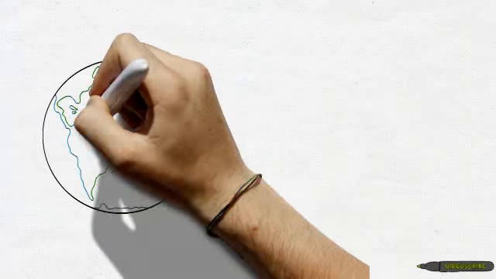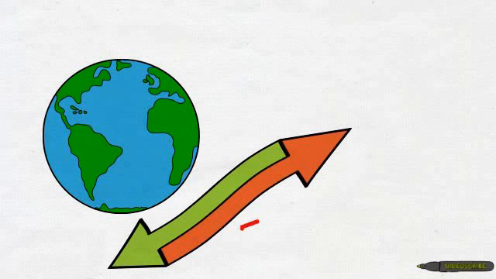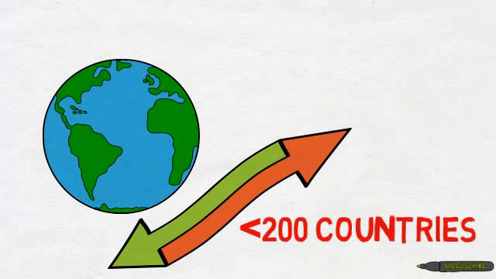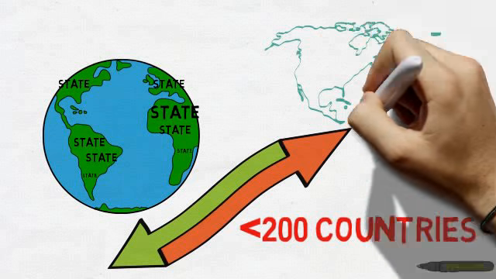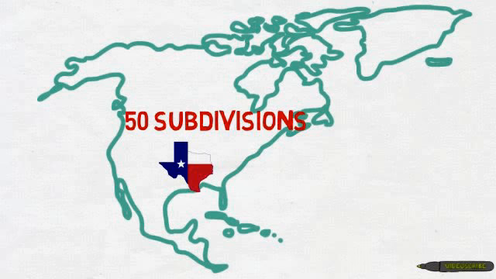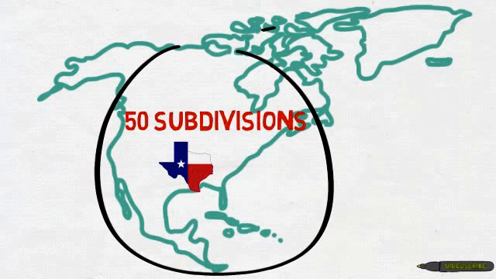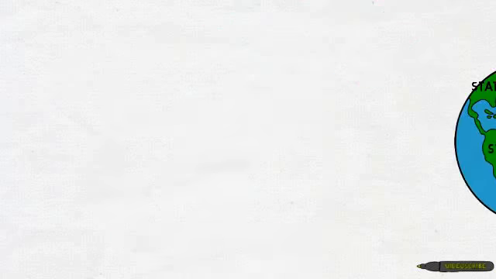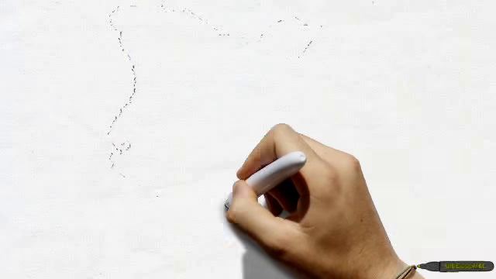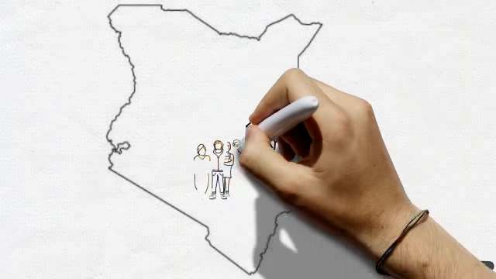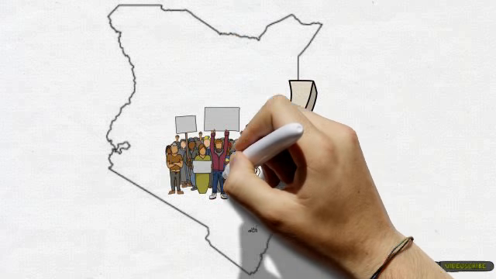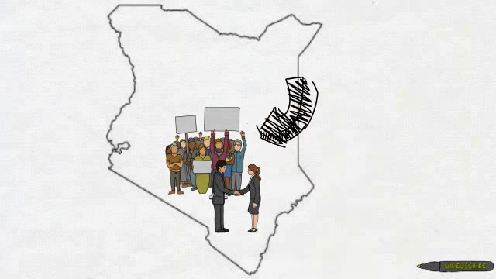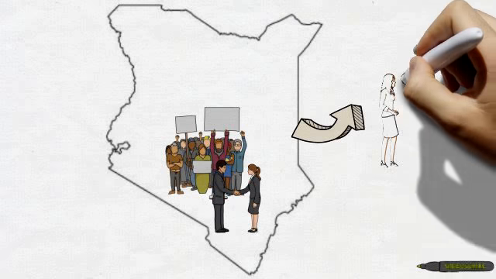The Earth is divided among just under 200 countries. These countries are more correctly termed as states. In the U.S., we have 50 subdivisions called states, even though they are part of one state. A state is any area that regulates their own internal and external affairs in a particular piece of land.